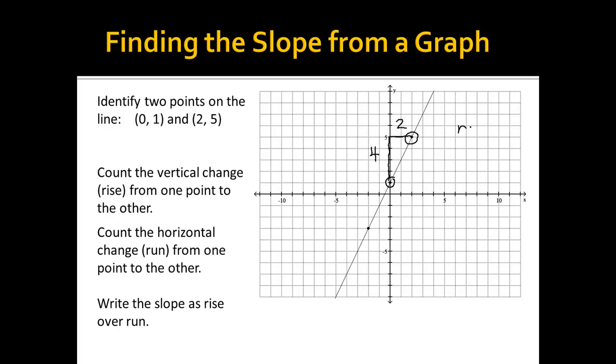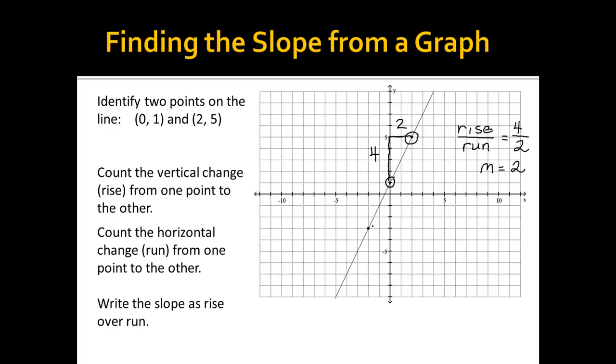Remember, it's always rise over run. So in this case, it is 4 over 2. So we write our slope as rise over run. 4 over 2 gives me a slope of 2. And m represents slope, so I can write it as m equals 2.